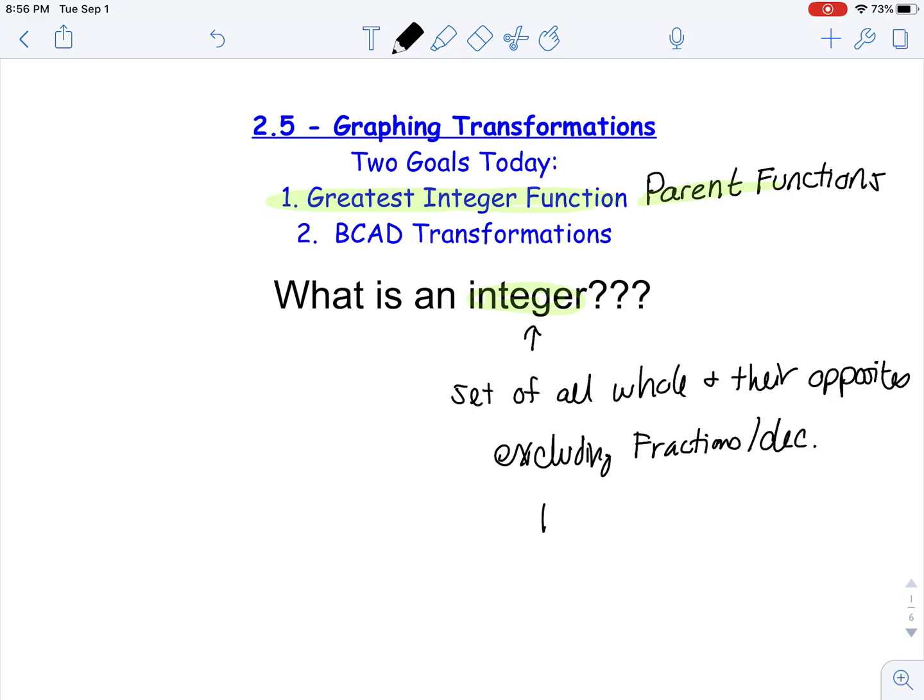So integers are basically 1, 2, 3, 0, -1, -2, -3, and of course on and on and on. Now, when we talk about the greatest integer function, we're basically talking about what is the greatest integer that is going to fall in a number, okay?